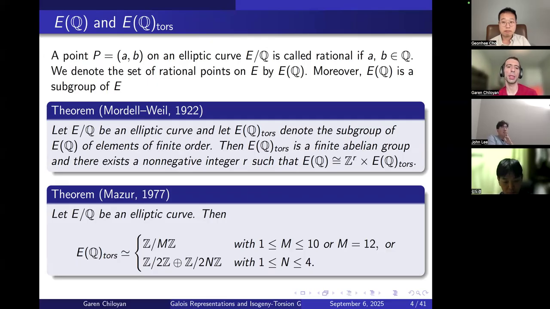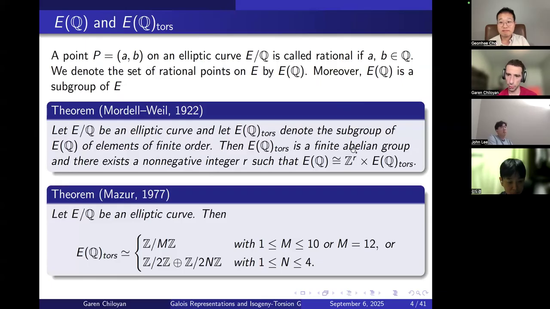But more importantly, it was proved 100 years ago or so that this set E of Q, which we call the Mordell-Weil group after Mordell and Weil, is actually a finitely generated group. So if E is an elliptic curve defined over the rationals, let E of Q tors, meaning torsion, denote the subgroup of this group of elements of finite order.